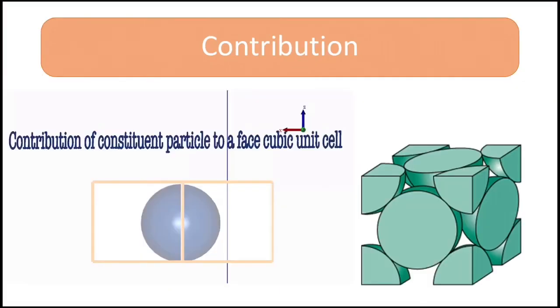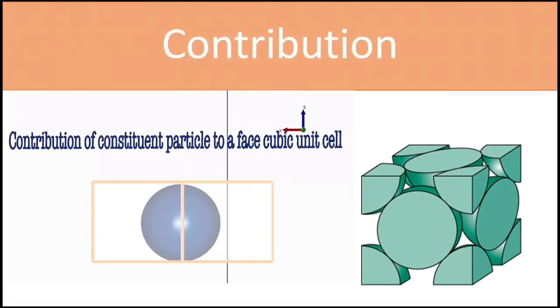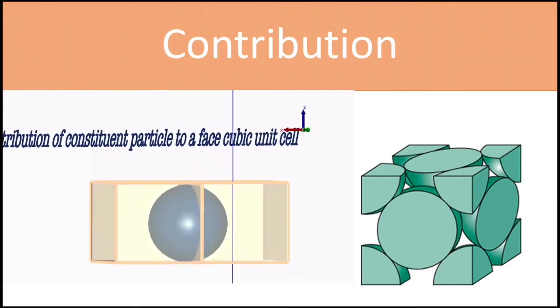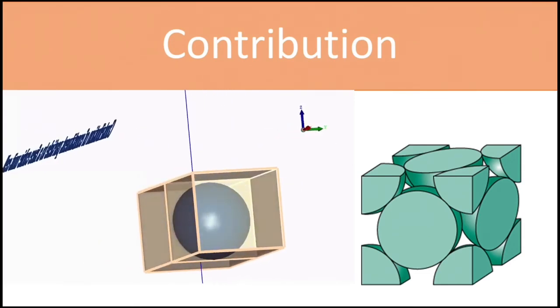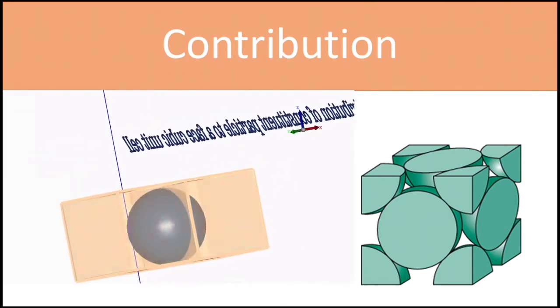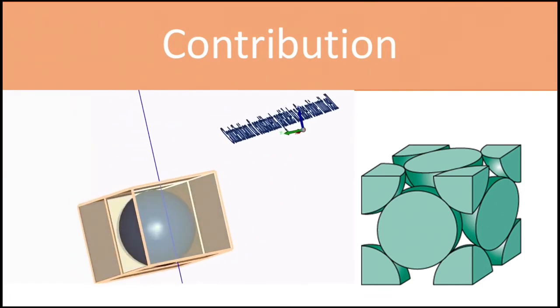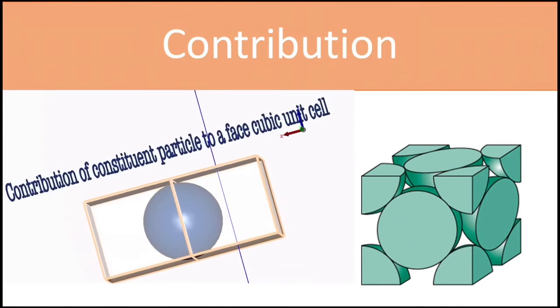Now let's look at the contribution in the face centered cubic cell. You can see in the animation, there is only half for each face. One constituent particle is sharing only half with the other cube.